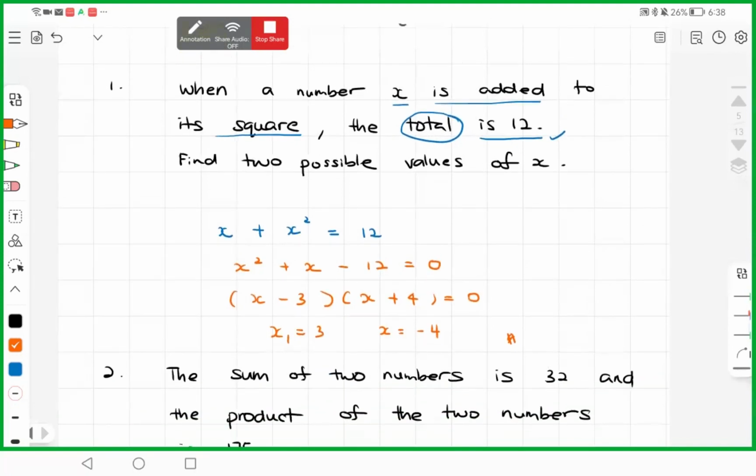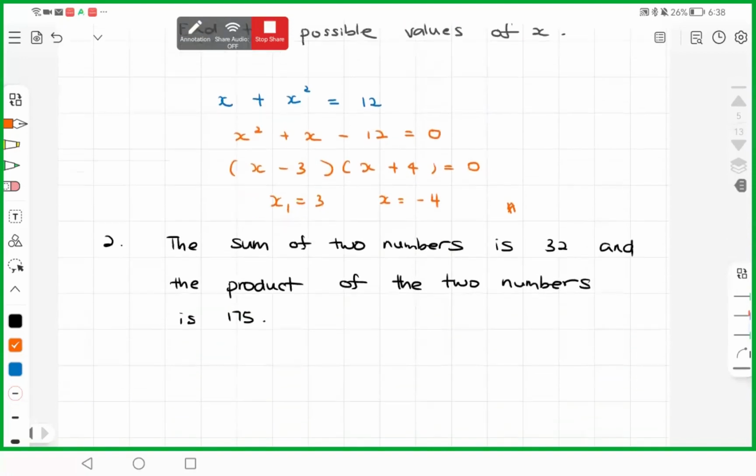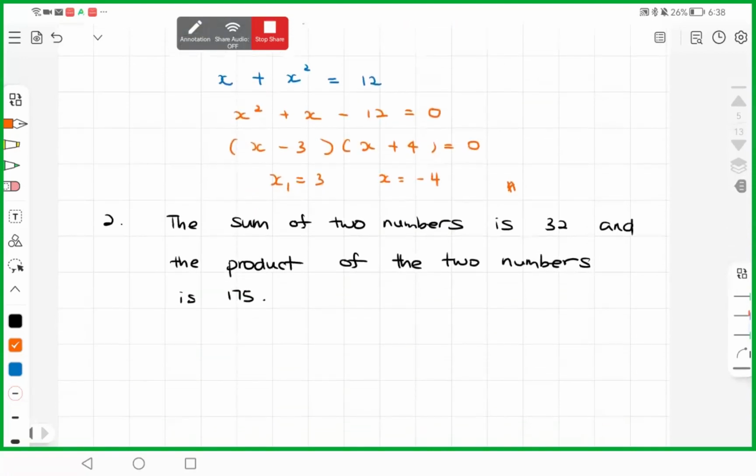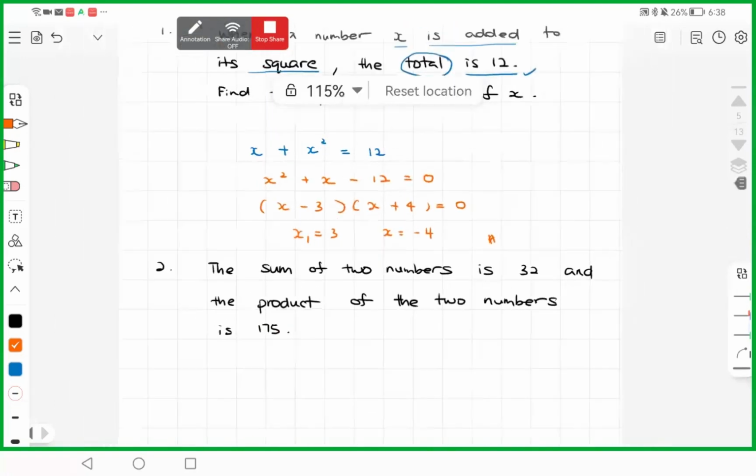So I've already shown you one example. Why not you try number 2? Form the equation first.